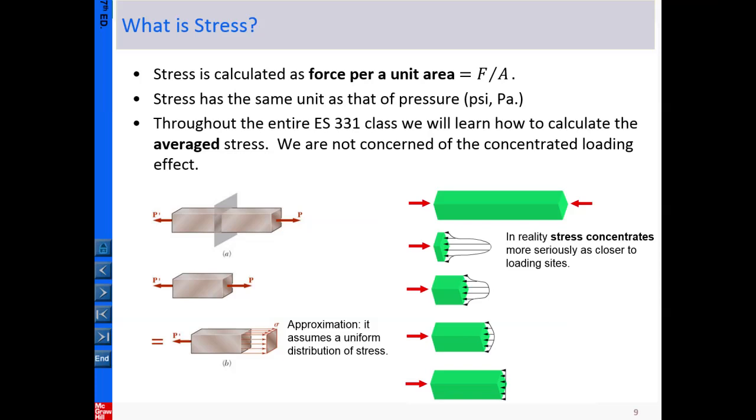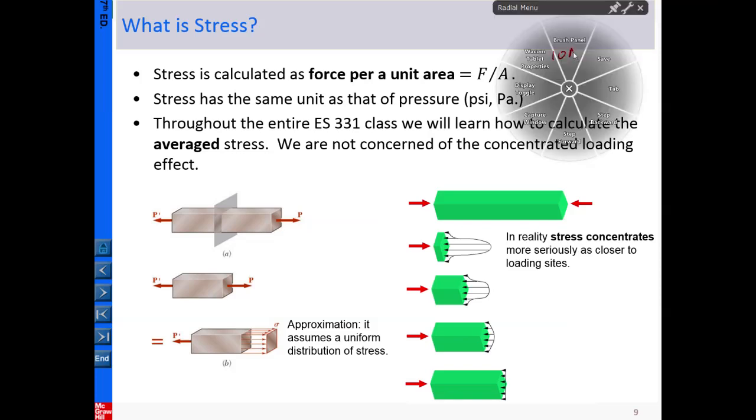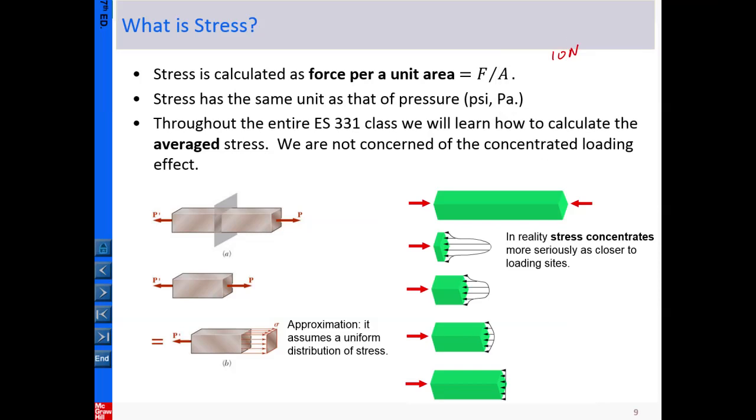For example, if you have a force of 10 Newton applied to an area of, for example, 1 millimeter square, then this is the stress, and we say the stress has a magnitude of 10 Newton per millimeter square.